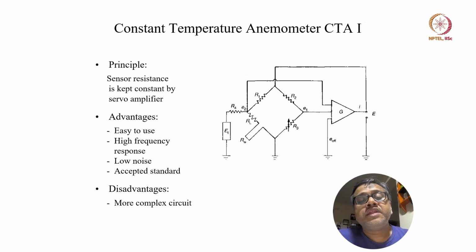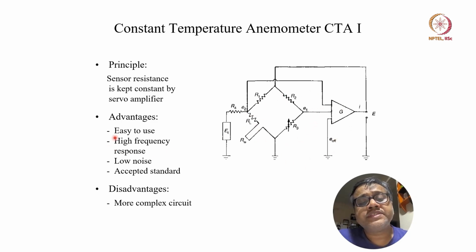The other one is the constant temperature anemometer, or the CTA. Again, you see that this is one leg of the circuit. The sensor resistance is kept constant by the servo amplifier.